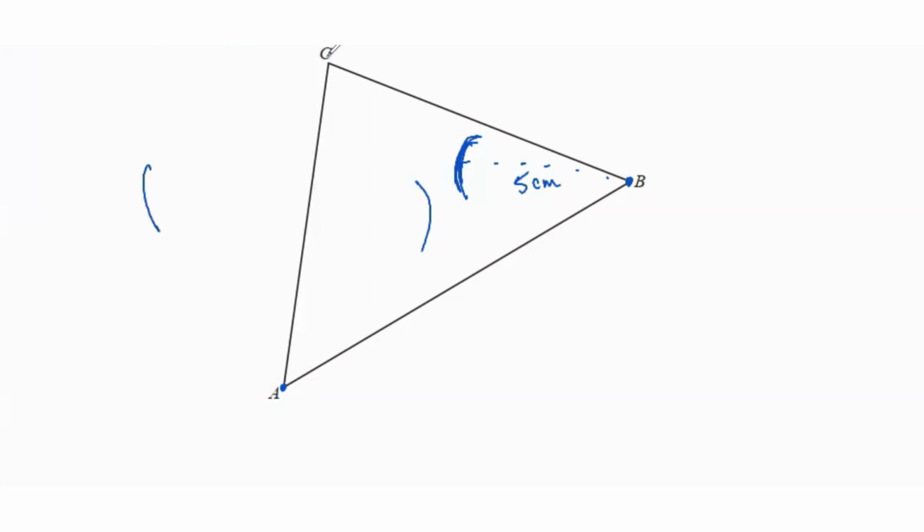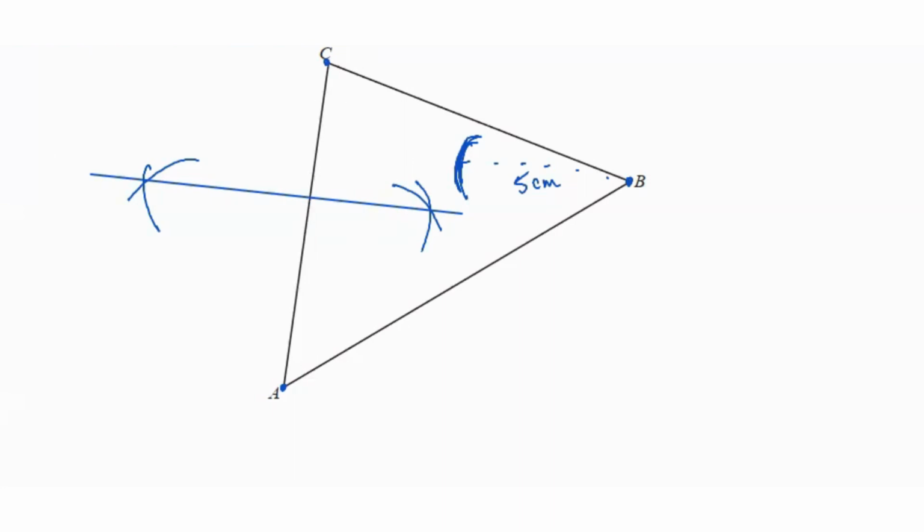And then you will repeat the same steps from point C. You will draw another arc above and below it. And once you have done that, you will draw a line connecting the two arcs. And this would give you the locus of the points that are equidistant from A and C and are inside the triangle. So basically, it's like this region that they're talking about.